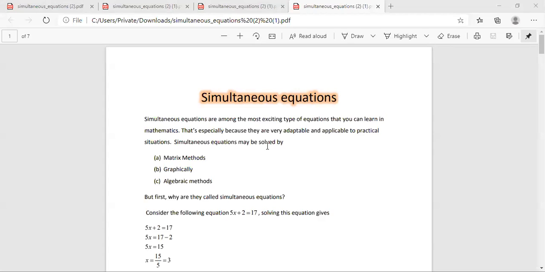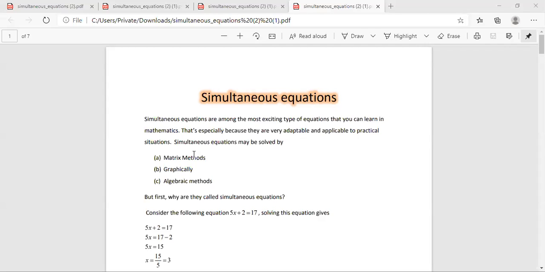Simultaneous equations are among the most exciting types of equations that you can learn in mathematics, especially because they are very adaptable and applicable to practical situations.